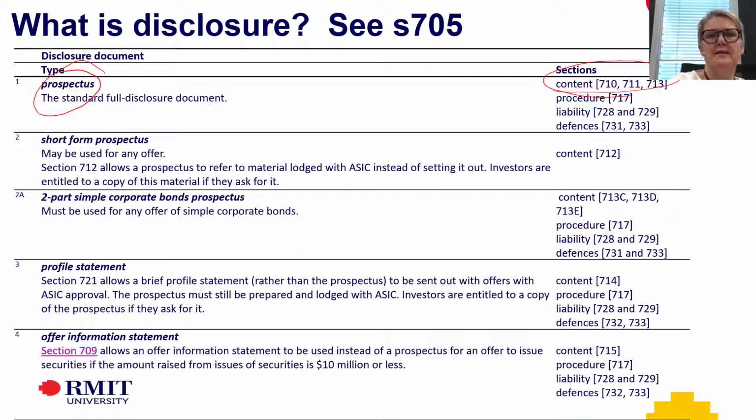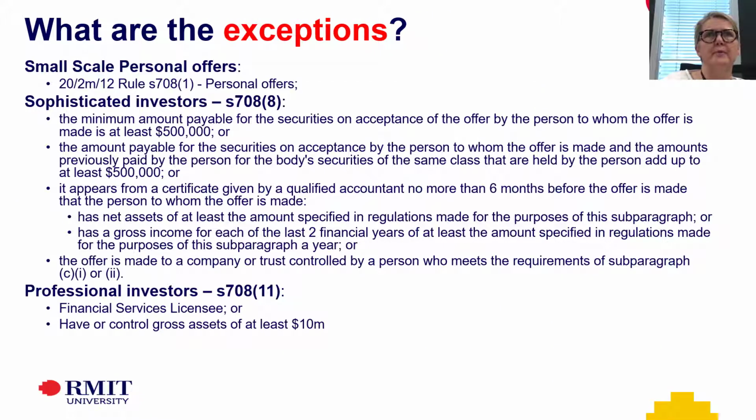Short form prospectus content will be the same. As it turns out, all this might well be the same anyway. So it gives you a little bit of a mud map for getting through the provisions.